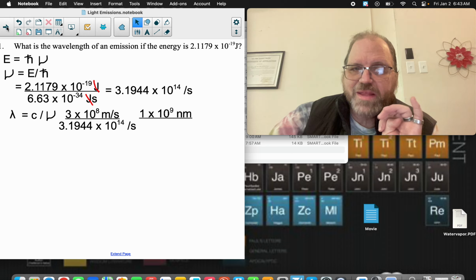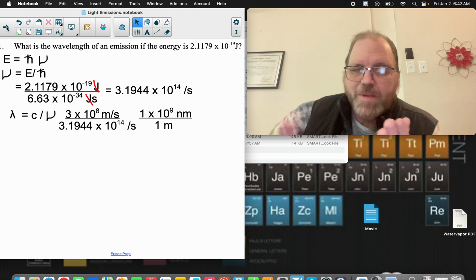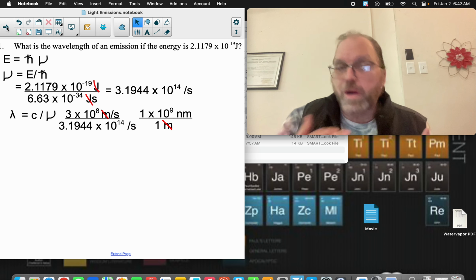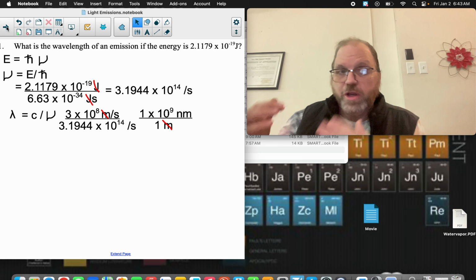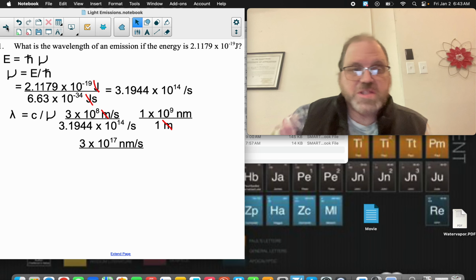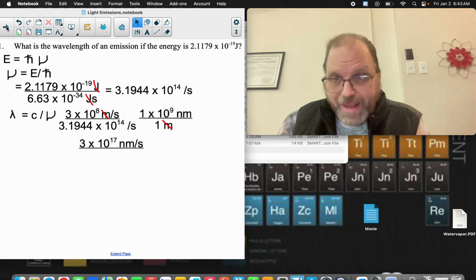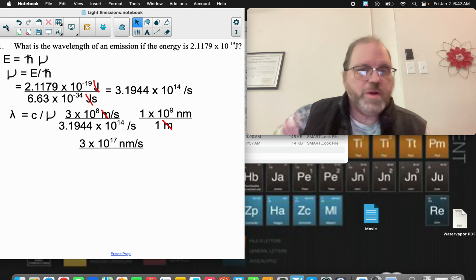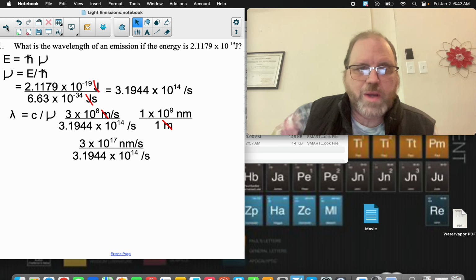So 1 times 10 to the 9th nanometers is 1 meter. Meters cross out. Now, if you want to be quicker about it, you know you're going to get the nanometers anyway, so we just say 3 times 10 to the 17th nanometers per second, and that way you can just work with that value, make it quicker. Use our 3.1944 times 10 to the 14th per second. Our seconds cross out.